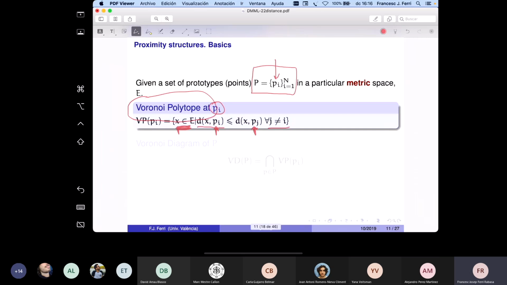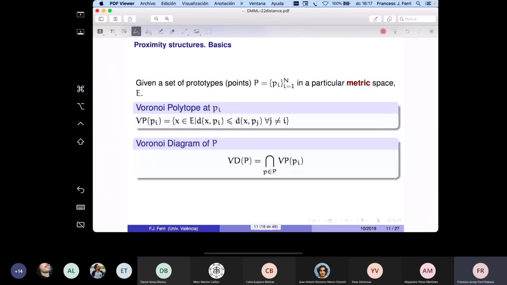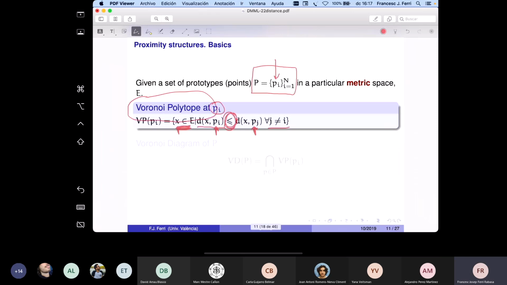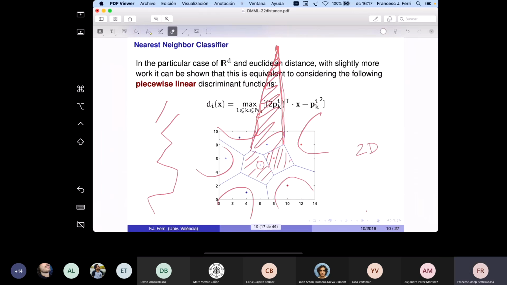Okay, as we have defined these polytopes as closed regions, the boundaries are contained in the region, then we can define what we call the Voronoi diagram of the set P as the intersection of all Voronoi polytopes. This intersection is in fact the boundaries of the corresponding minimum distance classifier, exactly what we have plotted here in blue.